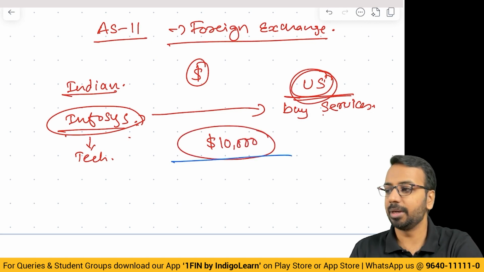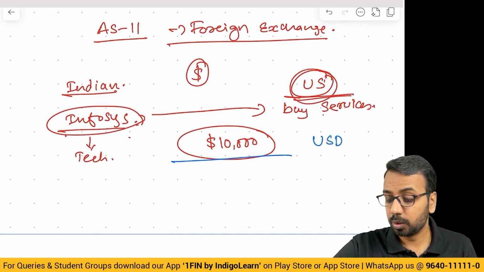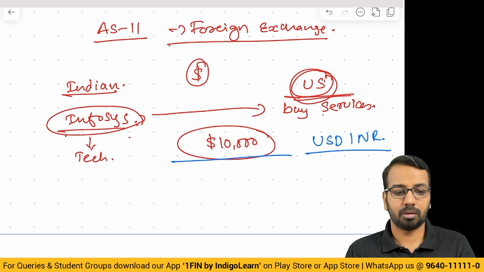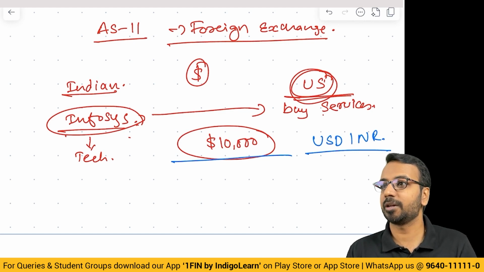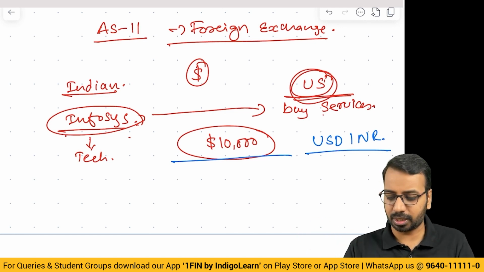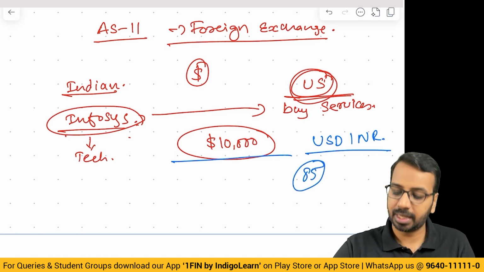Okay. Now tell me, what is the exchange rate going on right now between USD INR? Are you tracking it? Or even if you are not tracking it, if you can give an estimate. 84, 85. Okay, I think it touched or it is about to touch 85. Anyways, for our easier calculation, we'll put it at 85.